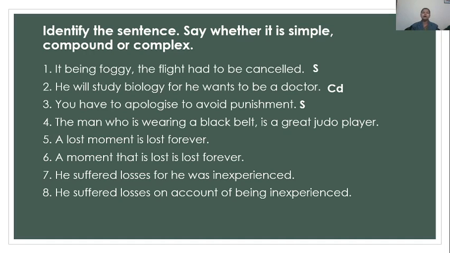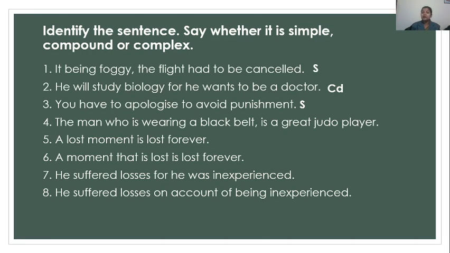Okay. Two finites. Now, the man who is wearing a black belt. This word who is giving an indication that the man is representing a particular individual here. The man who is wearing a black belt, this man is giving a reference to someone else.